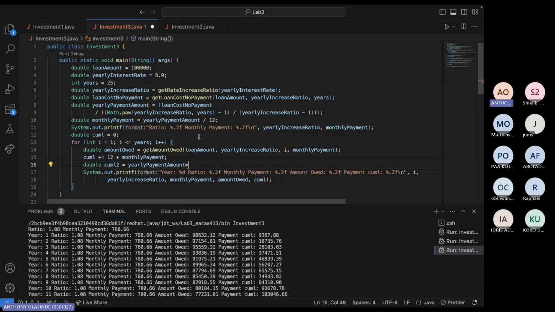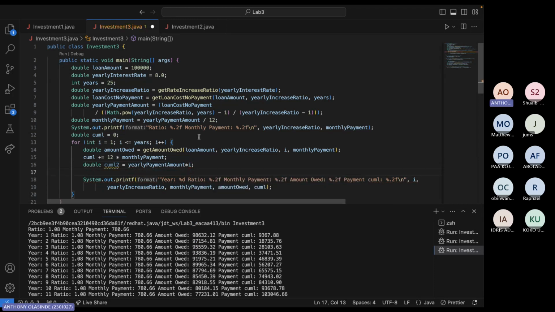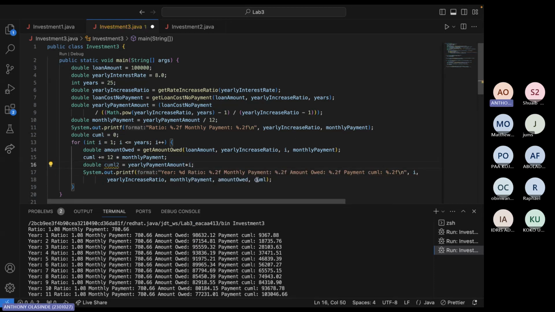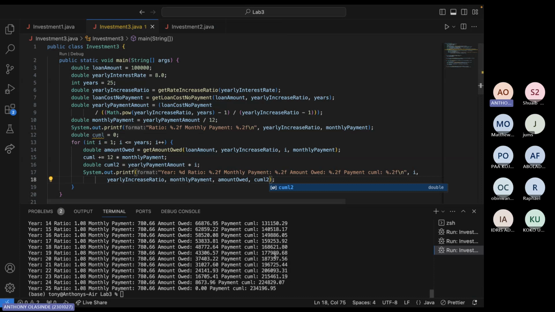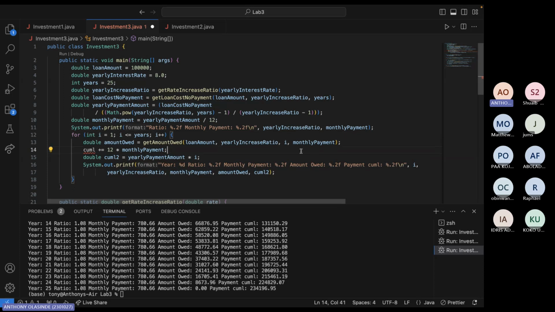So for each year times i. Then let's see, cum2. Yeah, it's still the same thing. So I guess the second one is actually easier than the first one.